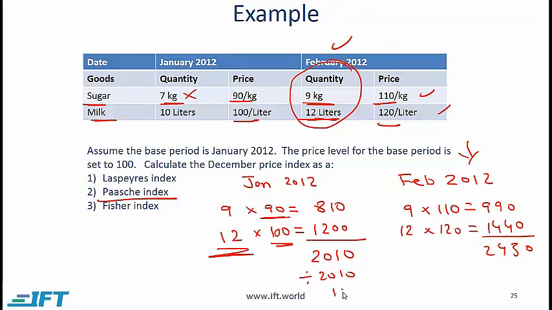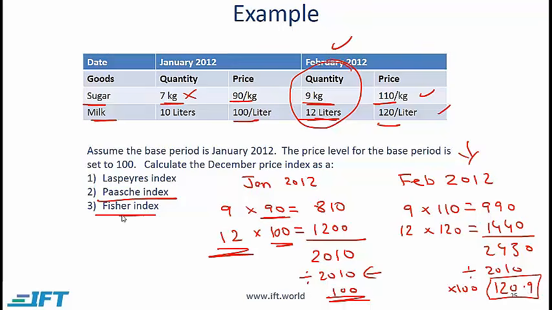So that will give us 100 over here. For Feb, we take this number, divide by 2010, which is this value, and then multiply by 100, and that will give us 120.9. So the index value went up from 100 to 120.9. So the inflation is 20.9%.